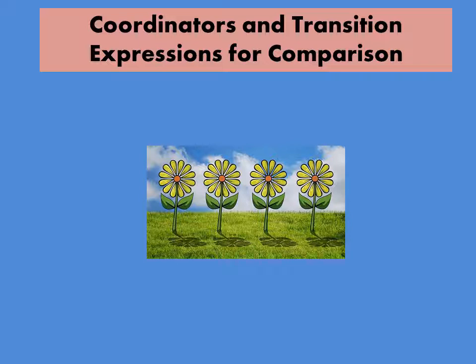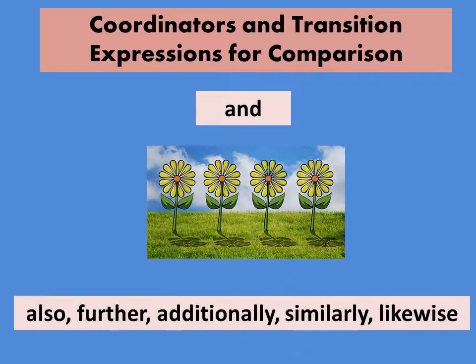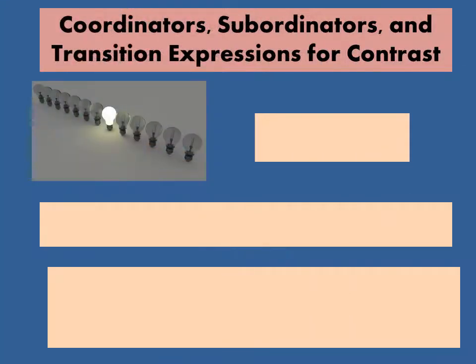You can use coordinators and transition expressions for comparison. Here's one very common coordinator, and. And we have transition expressions such as also, further, additionally, similarly, and likewise. You have more options for words to show contrast.